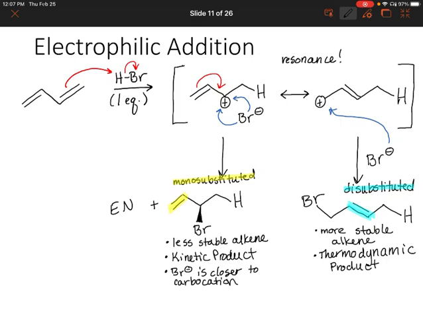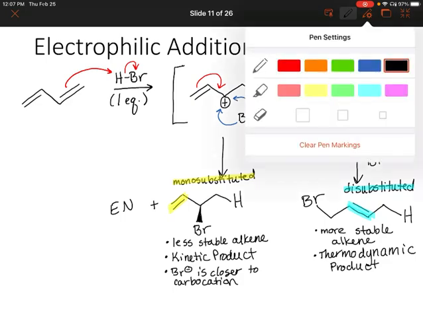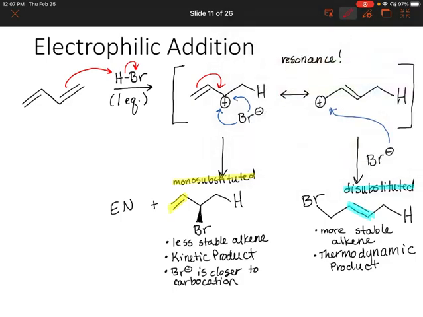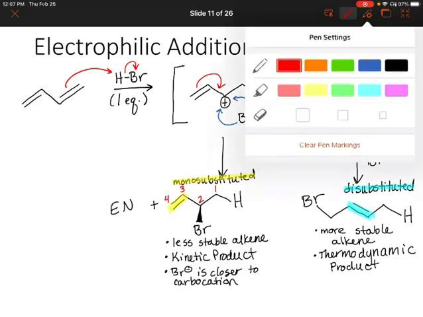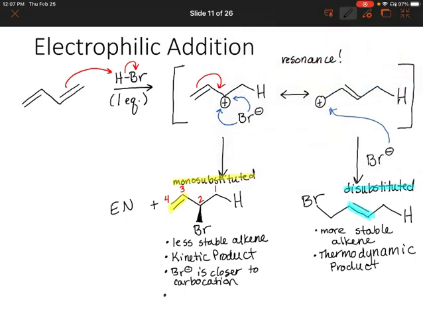The other thing to note is where the hydrogen and the bromine added on each of our products. If we look at our kinetic product, let's start on the right carbon and number across. Notice that the hydrogen and the bromine added to carbons 1 and 2. So we would also call this the 1,2 addition product.